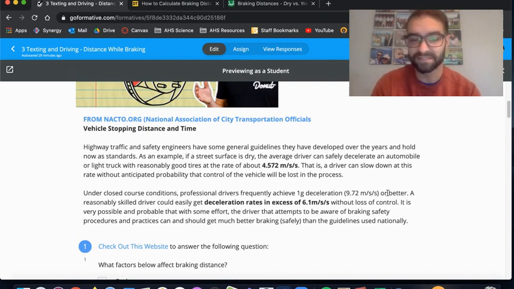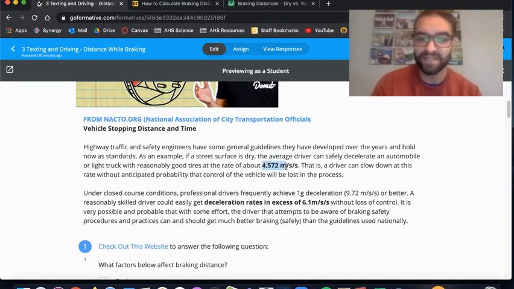So sometimes it can get slightly better. A reasonably skilled driver could easily get deceleration rates in excess of 6.1 meters per second without loss of control. It is very possible and probable that with some effort, the driver that attempts to be aware of braking safety and procedures and practices can and should get much better braking than the guidelines used nationally. So, just an interesting bit of information there.